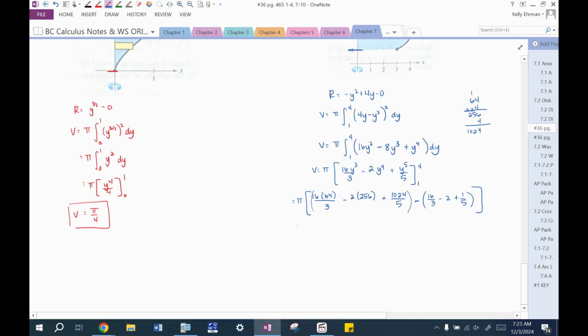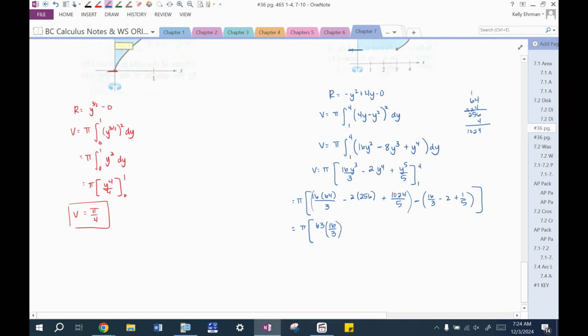Usually when I'm doing this math, I try to combine my like fractions a little bit instead of getting common denominators everywhere. So like 16 thirds times 64 minus 16 thirds. So again, how many 16 thirds do you have? You have 63 times 16 thirds, right? 64 minus 1 times 16 thirds.